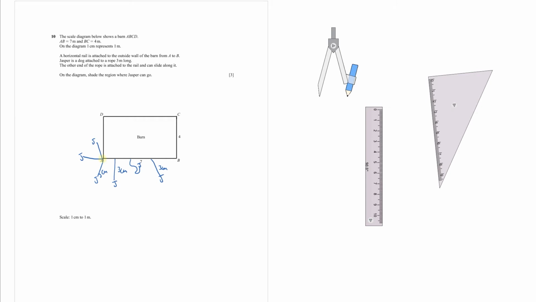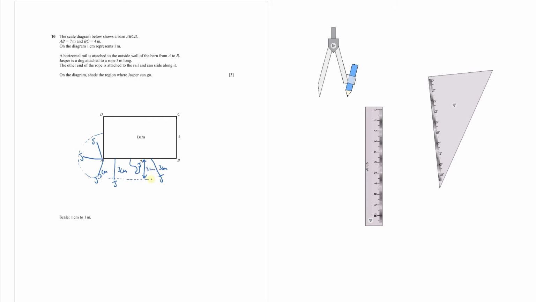So what's the locus of points that are equidistant from a point? It's a circle. So here at the end, you will be drawing a kind of a semicircle. Since it's the outside wall, you're not drawing inside. So your circle will start at the boundary and it will go something like this with the radius of 3 centimeters where the dog can easily move. So all the region inside that semicircle, and then there will be a straight line here which is 3 centimeters away from this line AB.